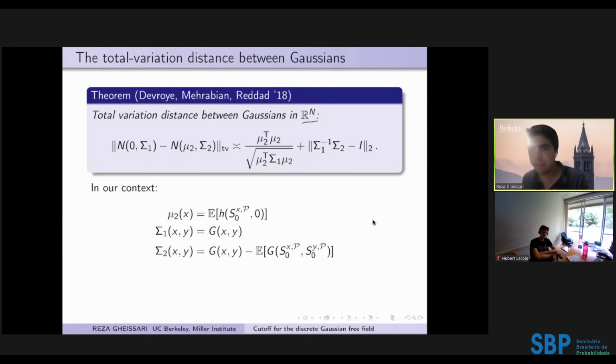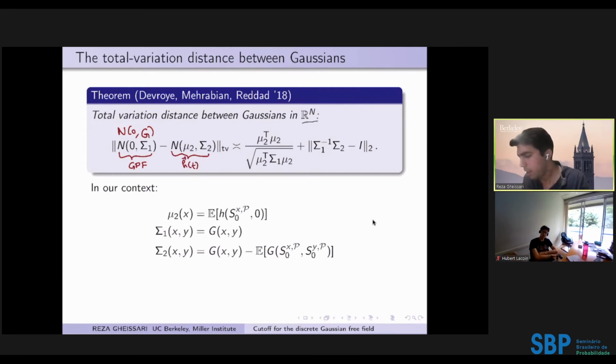There is no dimension dependence on the right. That's the key point, because if there were, that would kill whatever. What you have is the total variation between a mean 0 Gaussian with covariance sigma 1, which you can think of as the GFF because it's mean 0, so a normal 0 with the Green's function essentially, and this one will be our height, h of t.